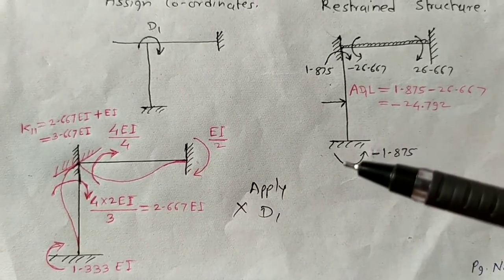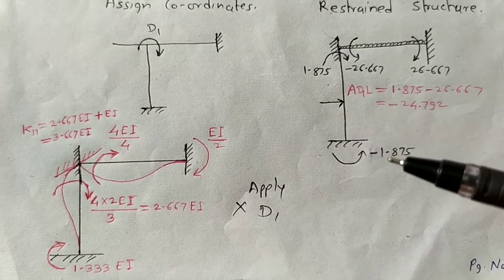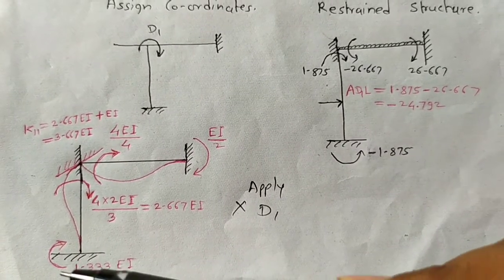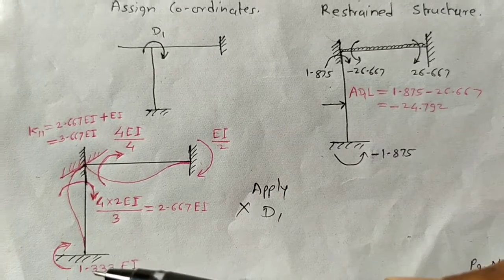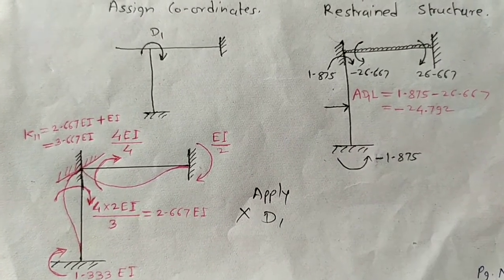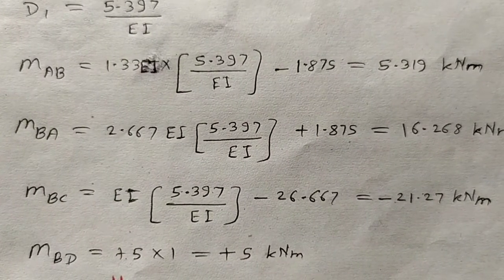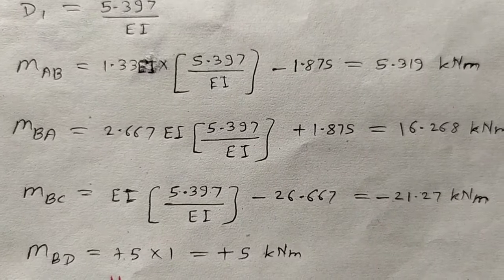This is MAB, this is going anti-clockwise, that's why we take negative, minus 1.875. This is MAB, this is going clockwise, so we will take it positive. This is multiplied by D1.